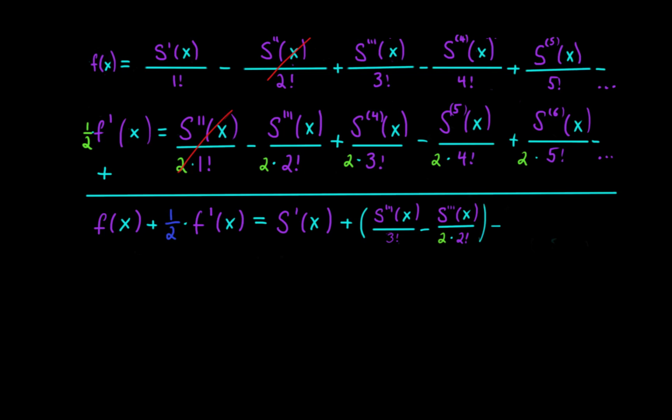And then we get our s4 terms, so minus s4 of x, that's the fourth derivative of s of x, over 4 factorial plus s4 of x over 2 times 3 factorial, plus S5 of x over 5 factorial minus S5 of x over 2 times 4 factorial. I'll put a parenthesis around that.